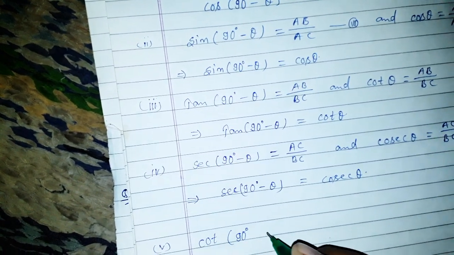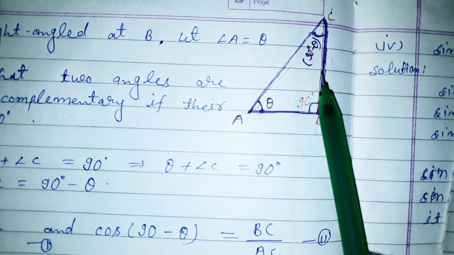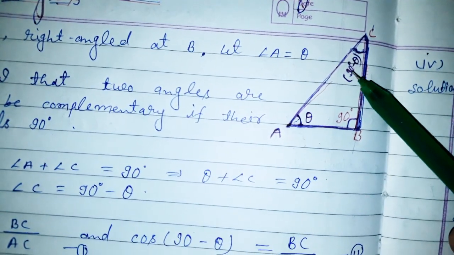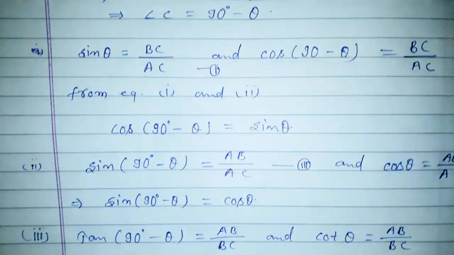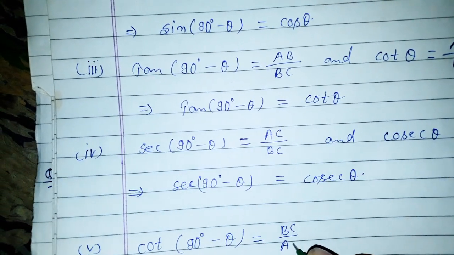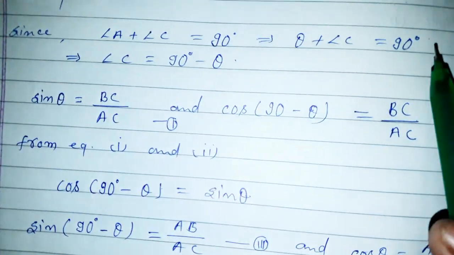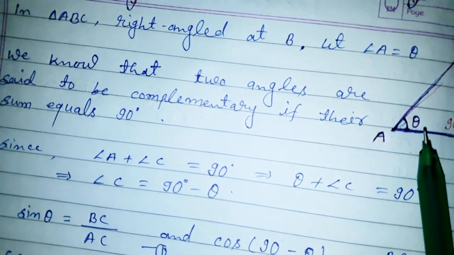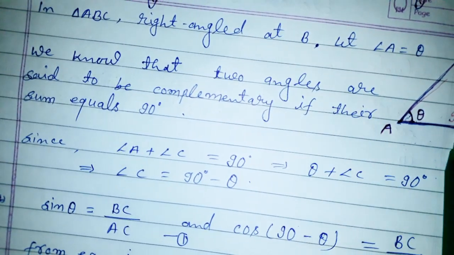And the next value, cot 90 minus theta. What is cot? Cot is the adjacent side to 90 minus theta upon the opposite side to 90 minus theta. So here BC upon AB. And BC upon AB according to theta: BC is the opposite side and this is the adjacent side.